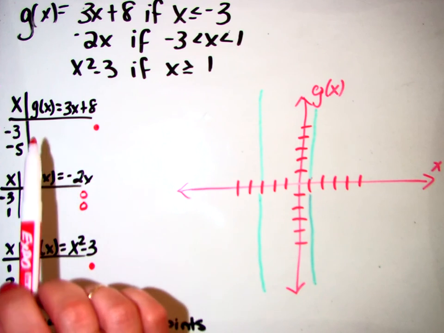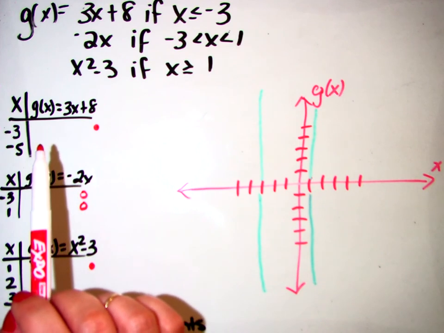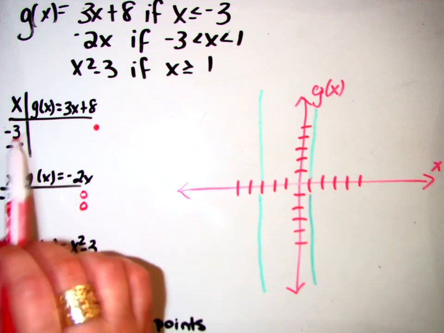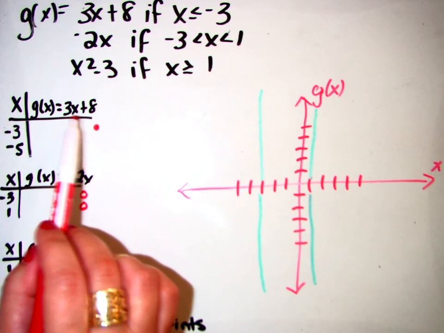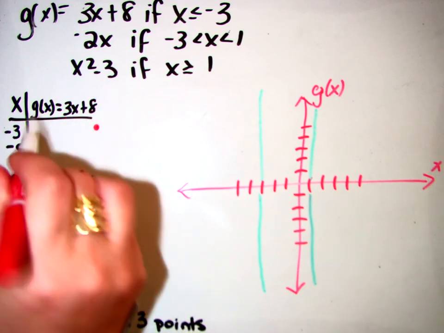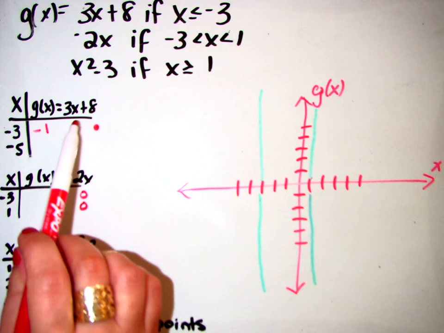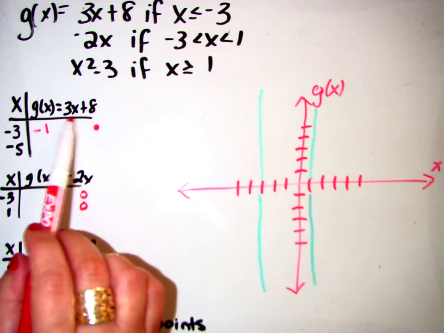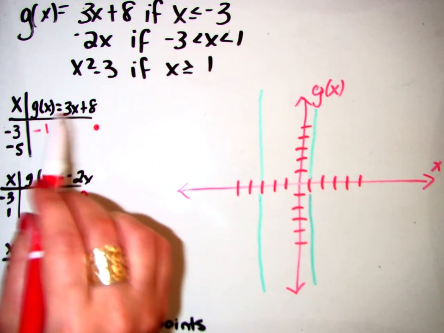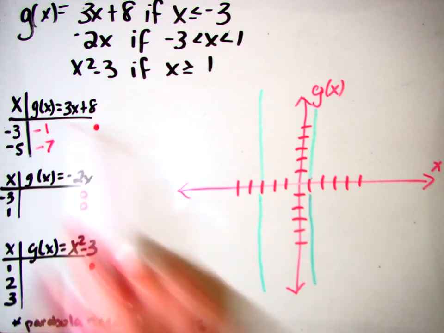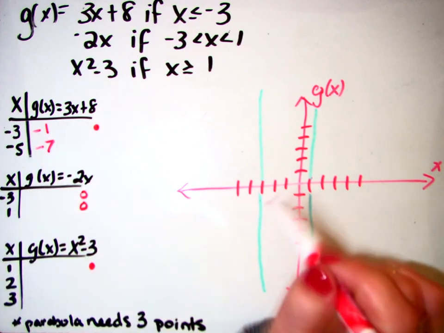Now you're just going to go ahead and plug these in. If I plug in a -3 here, -3 times 3 is -9, -9 plus 8 is -1. If I plug in a -5, -5 times 3 is -15, -15 plus 8 is -7. So let's graph the first one first.